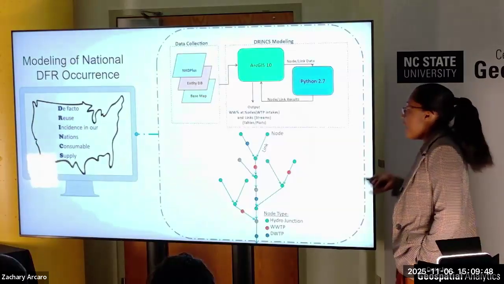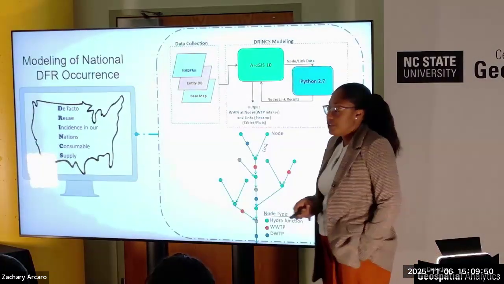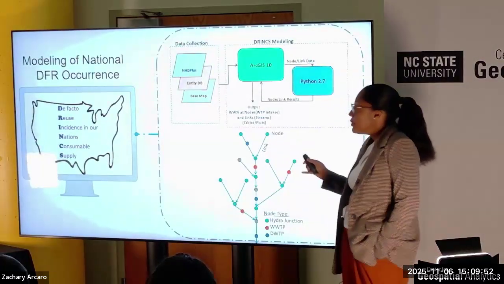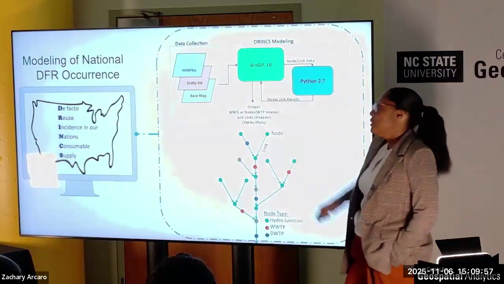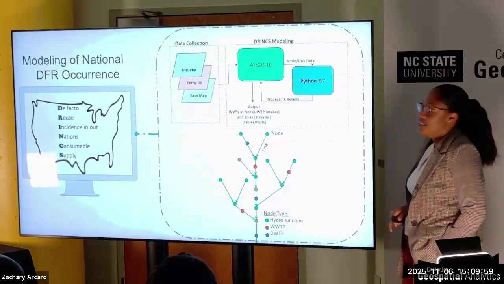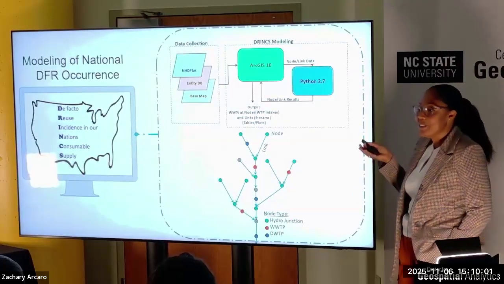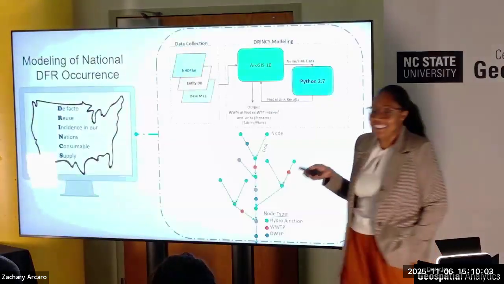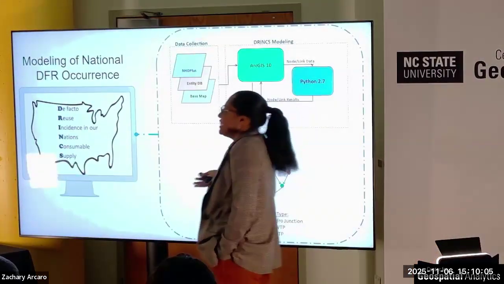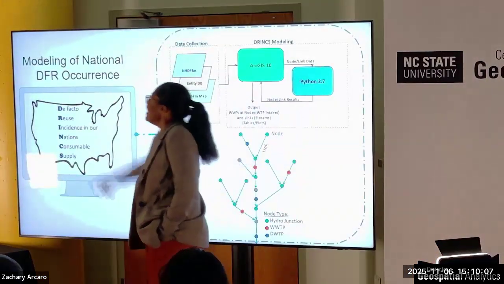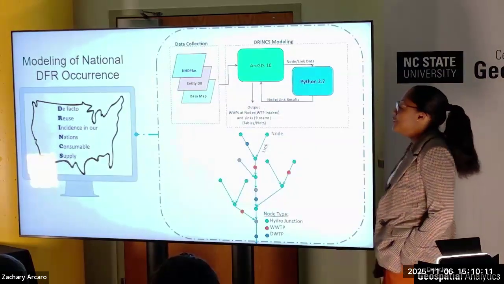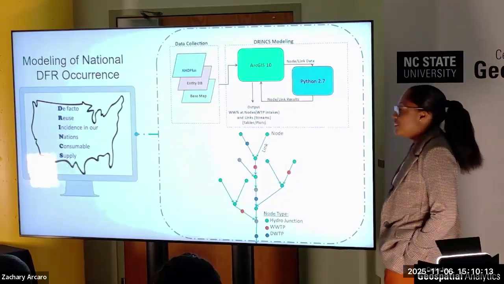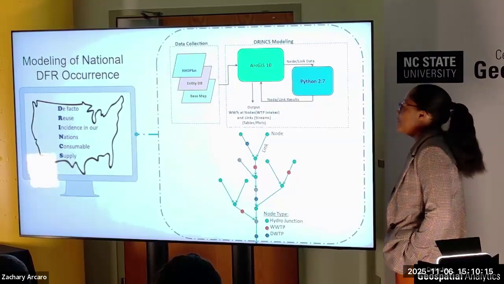And so, needing to answer a research question that was spatial across the US, I developed a model called DRINKS, which was one of those late night PhD aha moments when I figured out this acronym. It gave me the motivation for the last year of my studies. So: de facto reuse incidents in our nation's consumable supply. I tried really hard to get it to be a K, but kettle just sounded really silly.